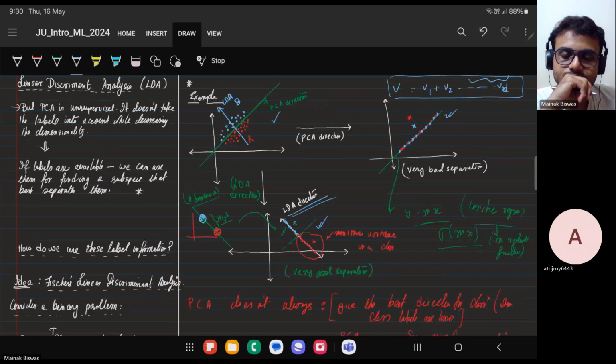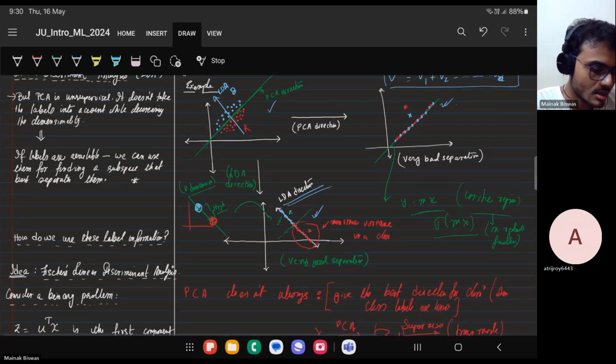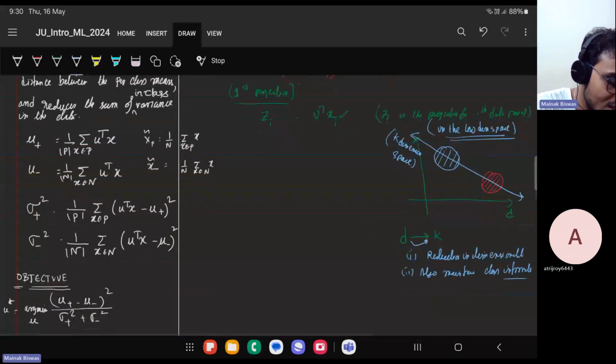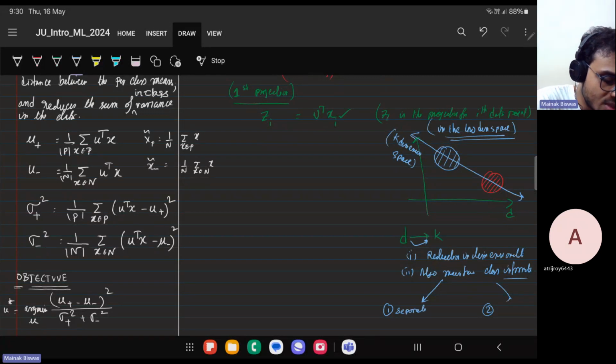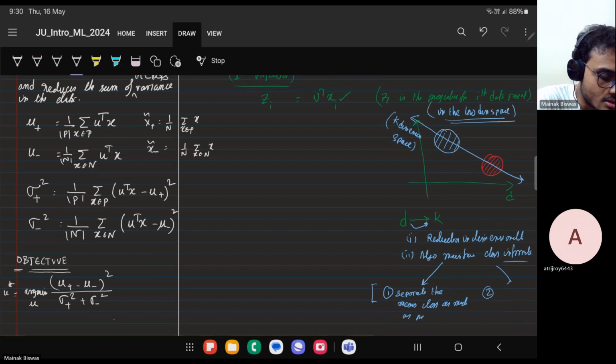So how can I not lose the class information? I have to do 2 things. 1 and 2. Separate the means of the classes. You can take other complicated statistics, but this is the simplest statistic. Separate the means of the classes as much as possible.